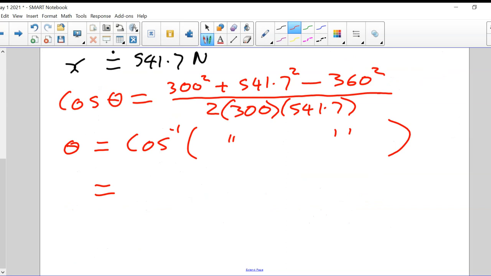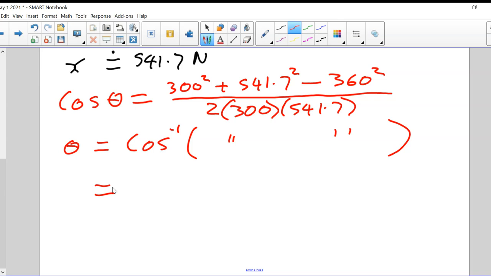I suspect it's going to be a negative answer, which means that, and in this case, I know when I was teaching my advanced functions class, I said you never put a negative number when you're trying to find cosine to the -1. And I'm going to make an exception here. If it's a negative number, the calculator will, in fact, or should, just give you an obtuse angle.